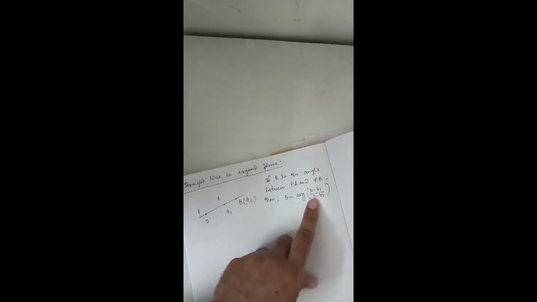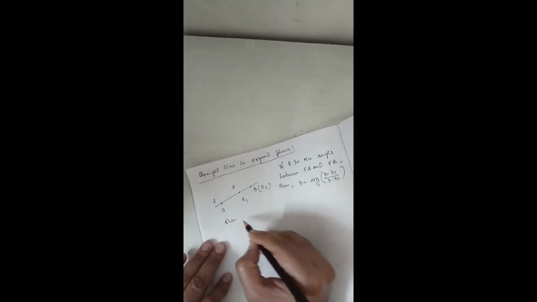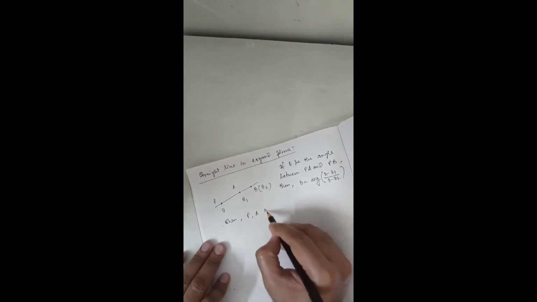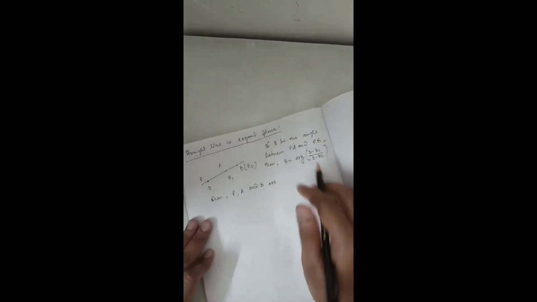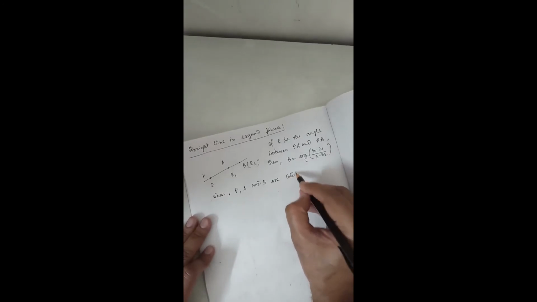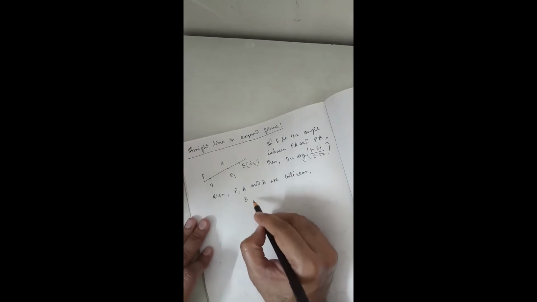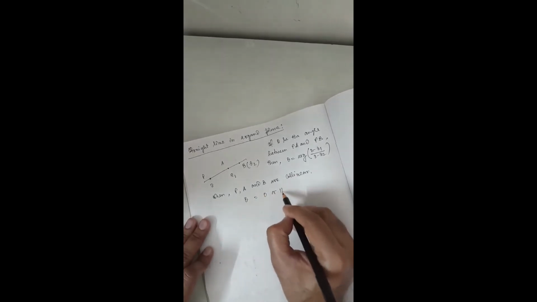Now if these 3 points P, A and B are collinear, this angle must be 0 or pi. So when P, A and B are collinear, theta is either 0 or pi.